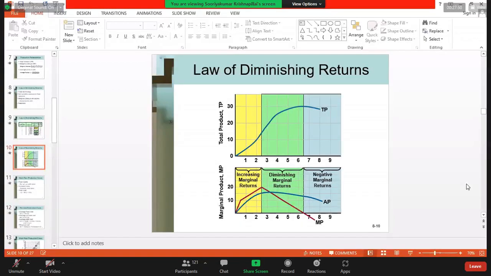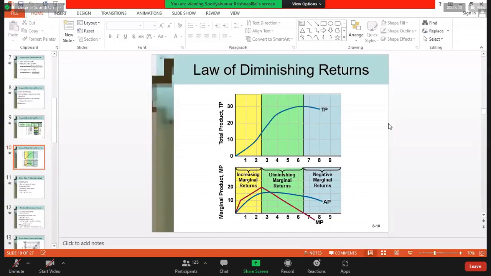In the yellow area, you can see total production increasing at an increasing rate, the slope increasing. Then in the green area, total production increases at a decreasing rate. Then after the maximum, total production decreases. So then cost, total variable cost.